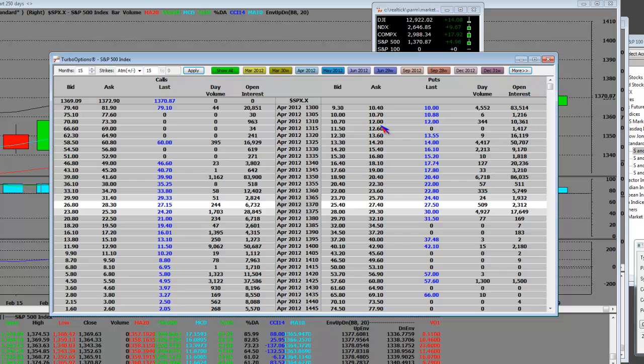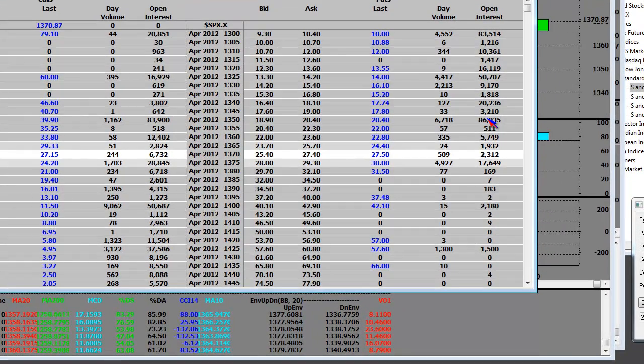And what does that mean? It means, where is the majority of the public? Right here, you got 86,000 open at that 1350 put right here below the market. And these are the time frames that I want you to look at, and that is huge volume, because that means that side of the market.